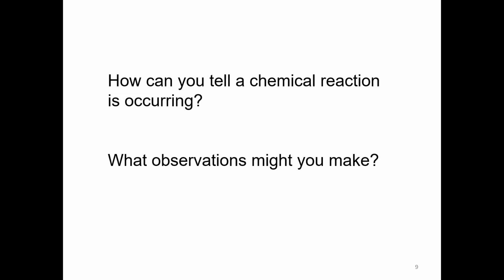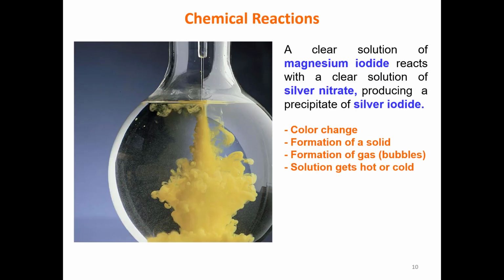But how can you tell a chemical reaction is occurring? What observation may you make? Then in this picture we had a clear solution of magnesium iodide react with the silver nitrate.